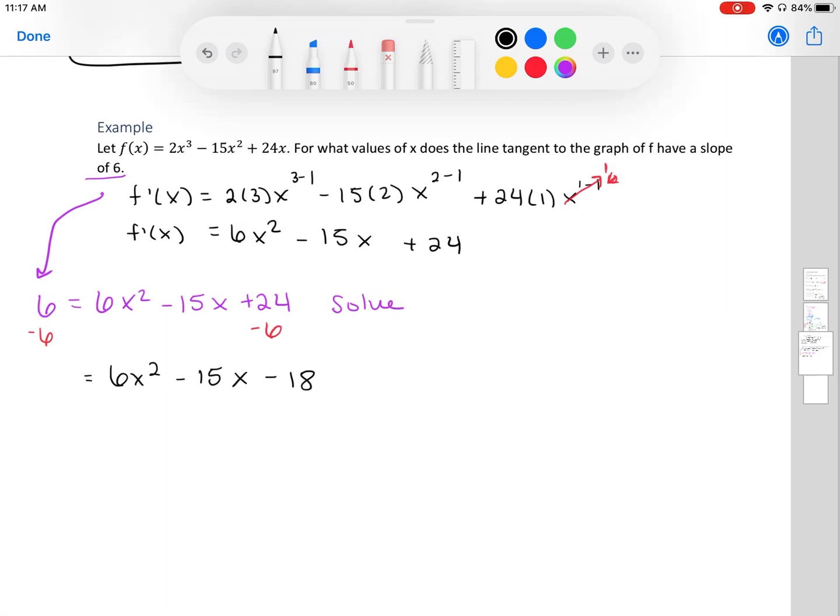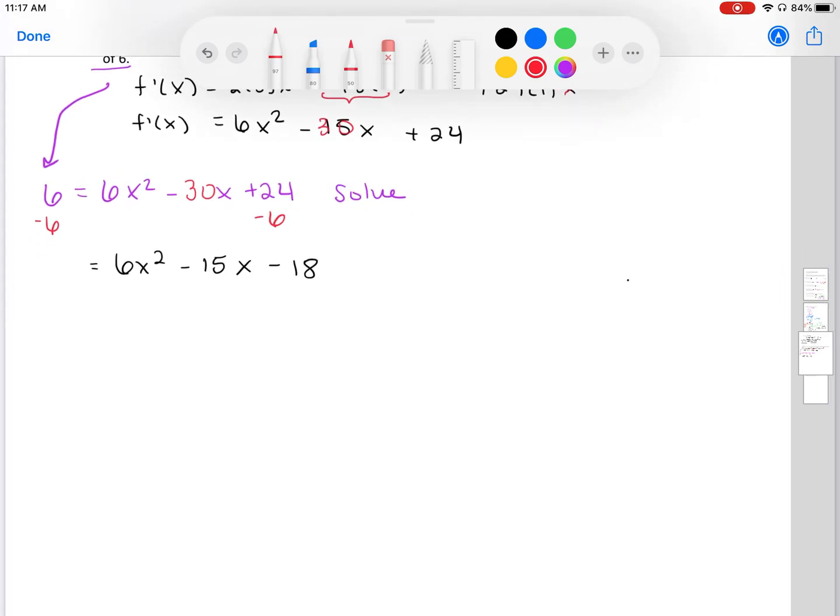Okay, let's go ahead and factor a 6. Actually, I made a mistake, didn't I? Negative 15 times 2, that gives us 30. So that should be 30. Thus, this should be 30. There you go. Okay, now let's continue.